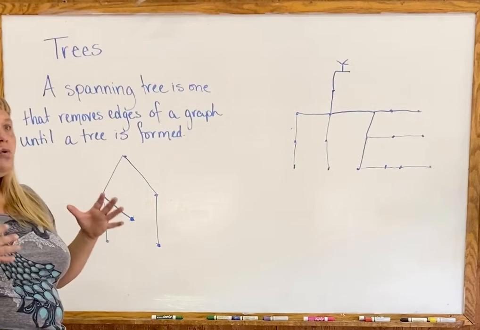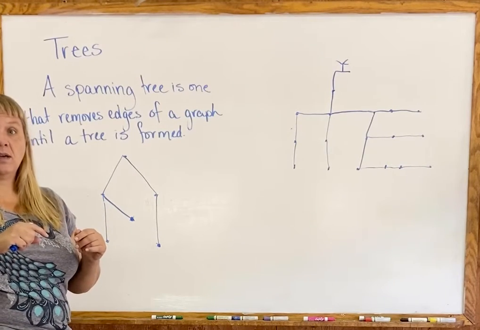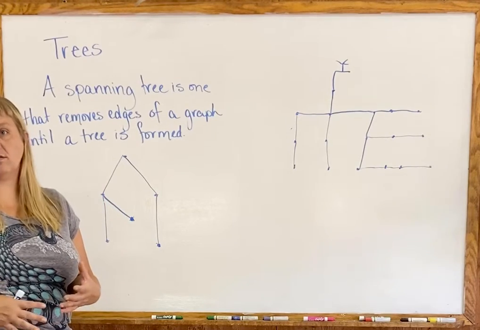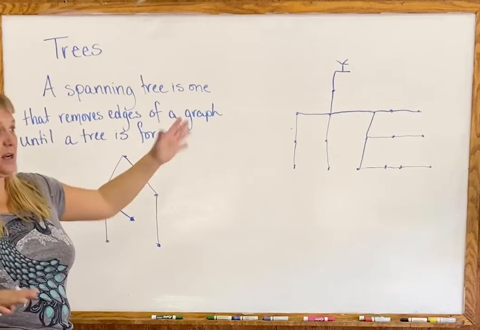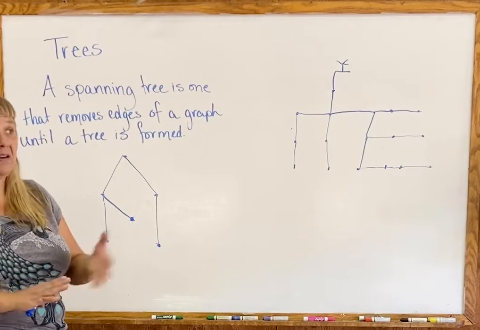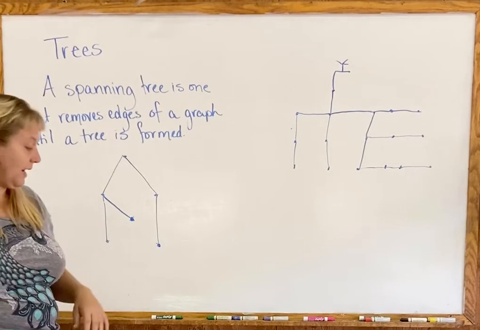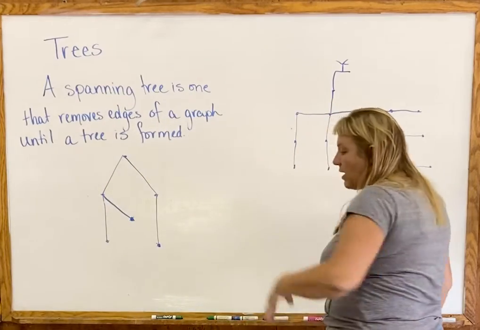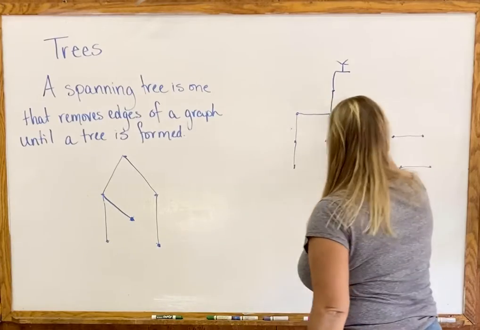Well, if you can do this in a way where you don't make too many circuits, okay, you can eliminate cost of supplies, cost of beauty. I mean, like ripping up the yard, lots of different things that you can eliminate. So that's where we're kind of headed with this. And so after figuring out how to make a spanning tree, then what we really need to do is look at a minimum spanning tree.